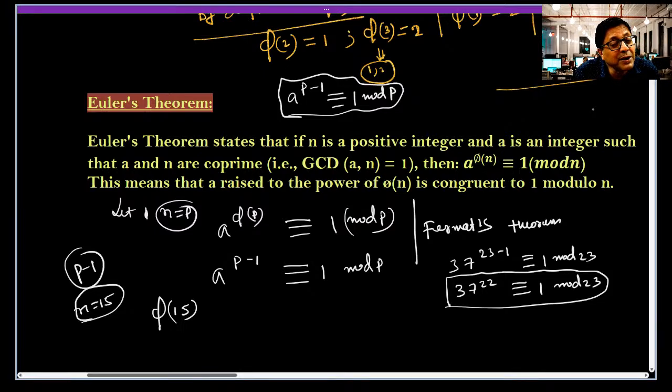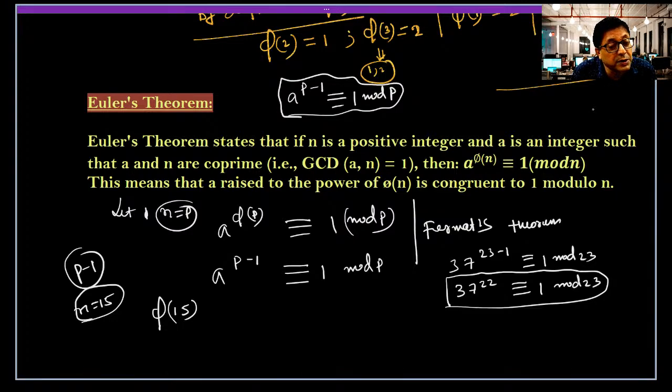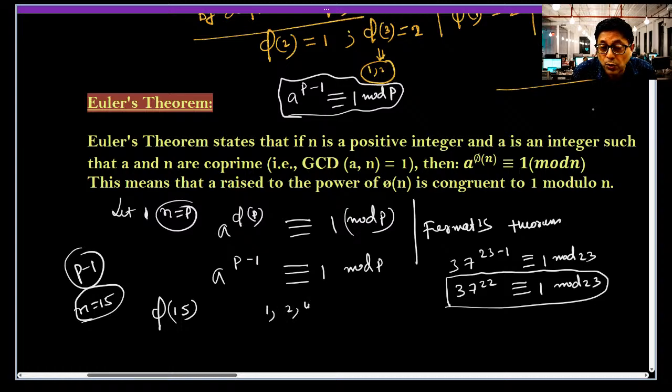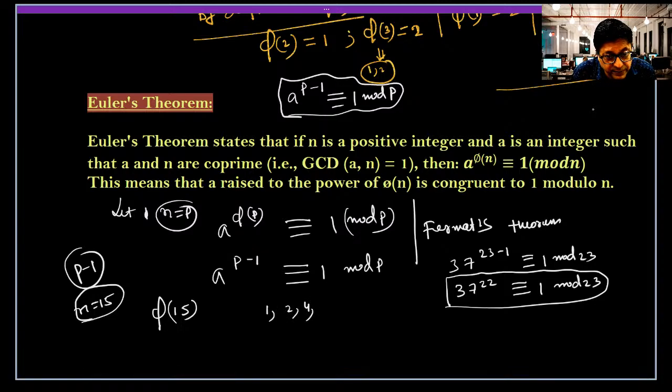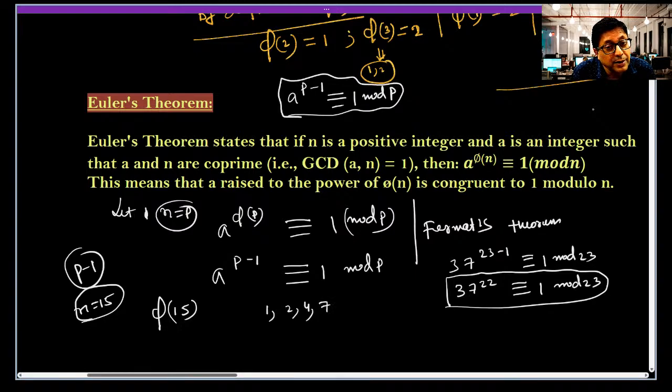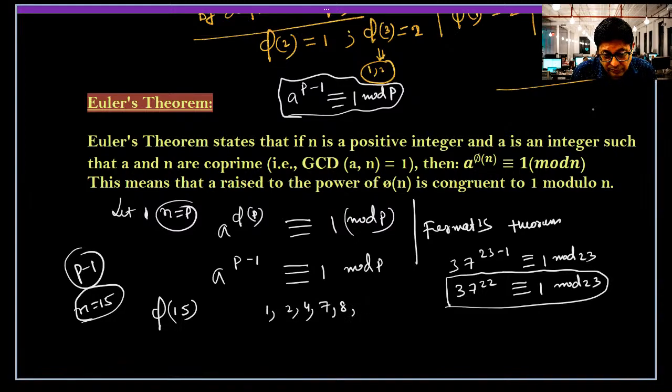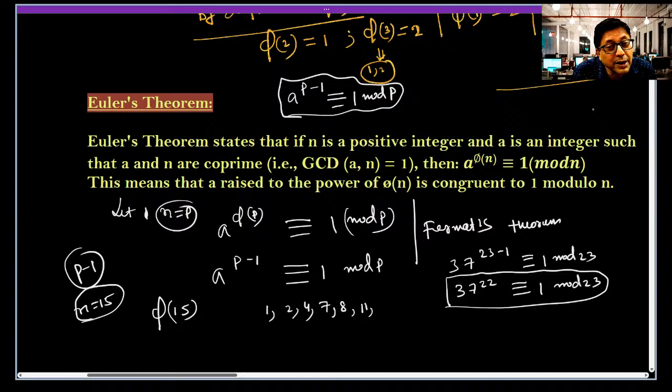You can write them out: 1, 2, 4, not 5, not 6, but 7, not 9, but 8, 10, no, 11, then 12, 13 and 14. How many? 9 numbers we got. Check once more. No, 12 is not possible because 12 has a common factor. So phi 15 is 8.